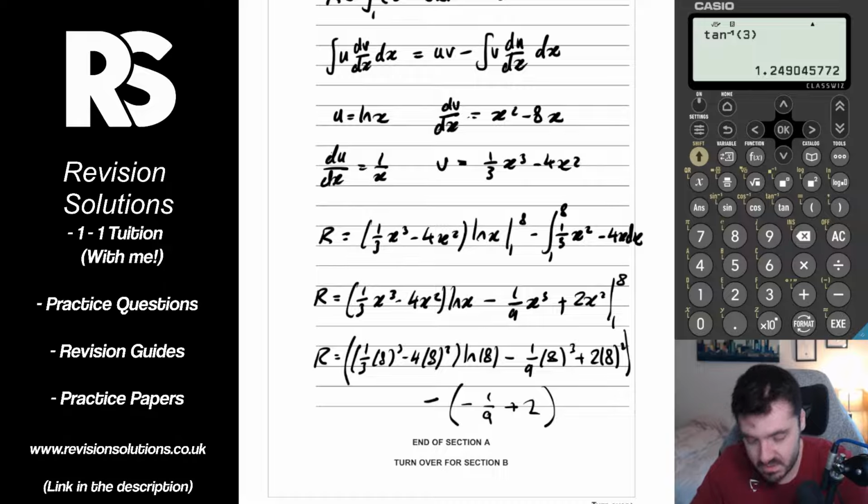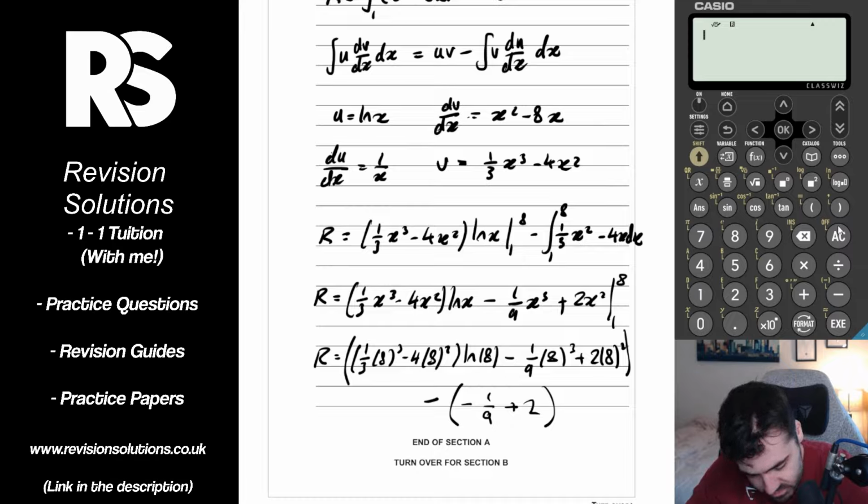Okay, so let's just use our calculator to tidy this up. So if we look at all the constant terms without the natural log bit there, or actually let's do the natural log bit first. So we have 8 cubed over 3, and then minus 4 lots of 8 squared. What does that give us?